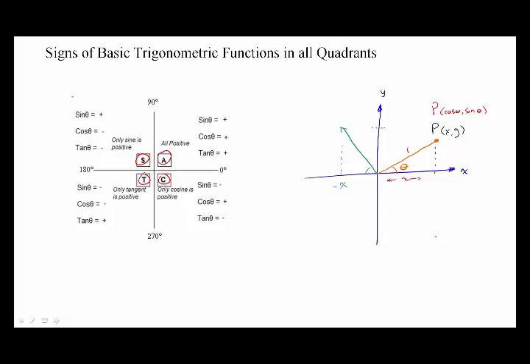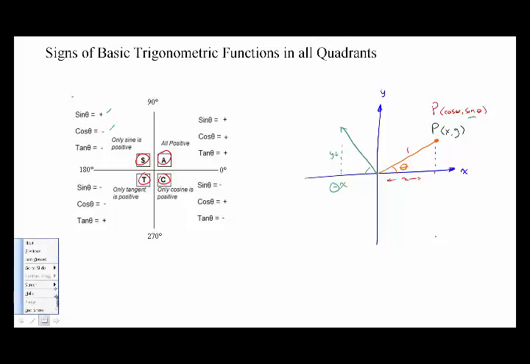But my y value is positive. So what's my cos on that side over there? Cos is the x. So over here, my cos is going to be negative, because it's negative x. Y is the sine, so y is positive. See?